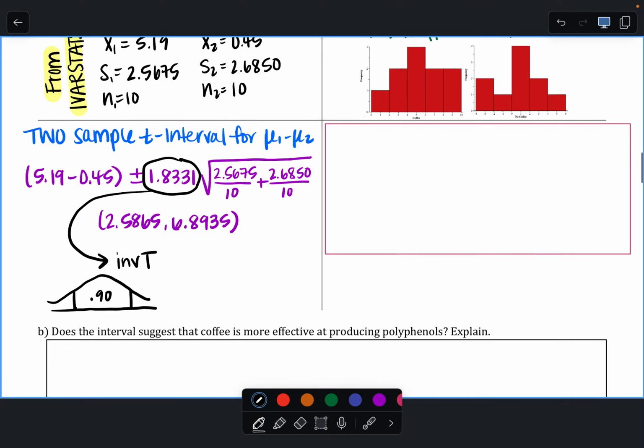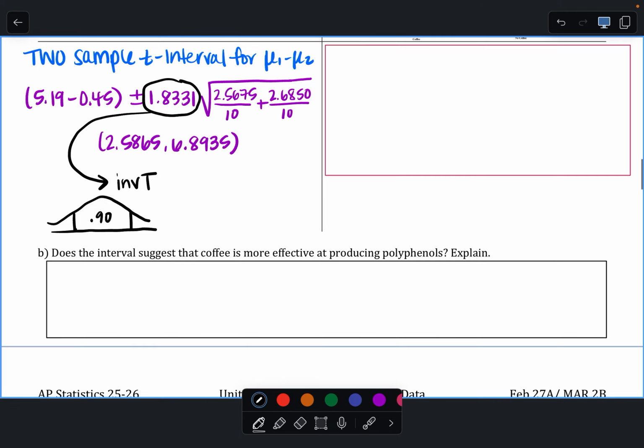So if I am trying to find a T interval that's 90%, that means that there's an area of 0.90 in the middle of my distribution. And this area has bounds. The lower bound is going to be the negative T star. The upper bound is going to be the positive T star.